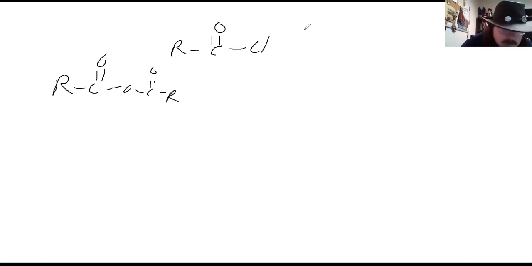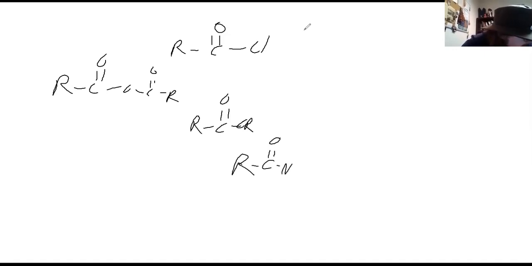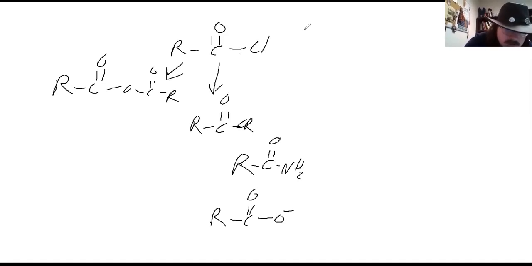We have our ester. And so the acid chloride can be easily converted into all of these.